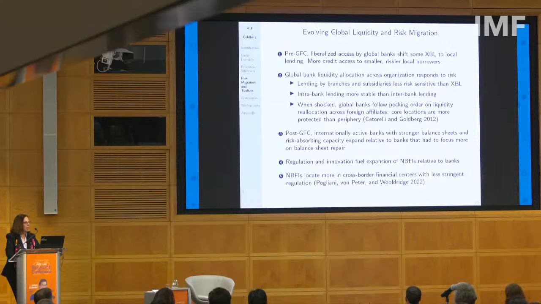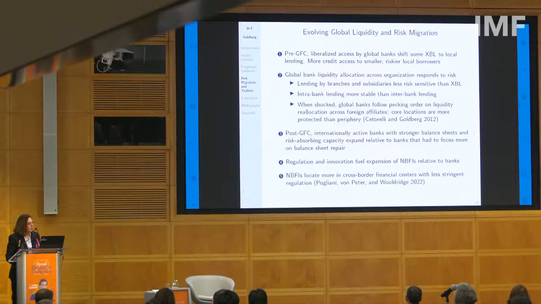More credit access was provided to smaller and riskier local borrowers. Plus, global bank liquidity allocation across their organizations responds to risk. Lending by branches and subsidiaries is actually less risk sensitive than cross-border lending. Intrabank lending is more stable than interbank lending.